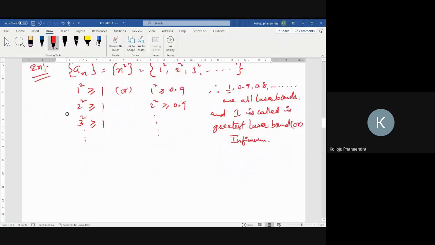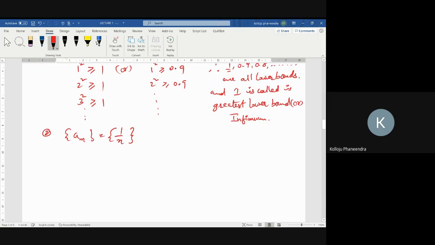Now, this is one example. Now, second example, let me take the previous example. If I consider an equal to 1 by n, already we know that this is a bounded above sequence. Is it bounded below? This is 1, 1 by 2, 1 by 3, and so on. Is 1 greater than or equal to 1 by 2 greater than or equal to 1 by 3 greater than or equal to, and so on? Every value is greater than or equal to what in this sequence? 0.